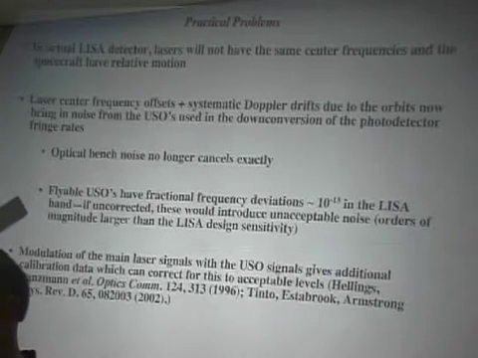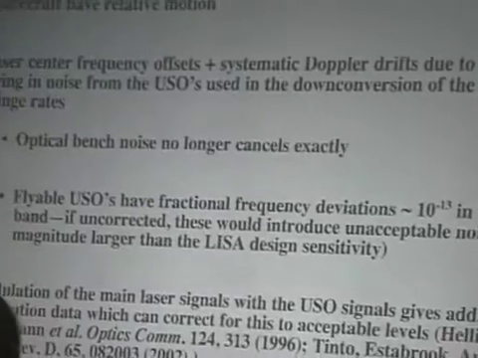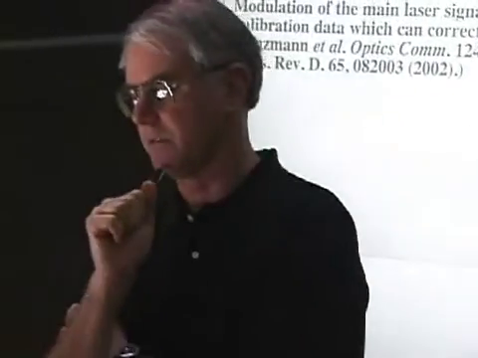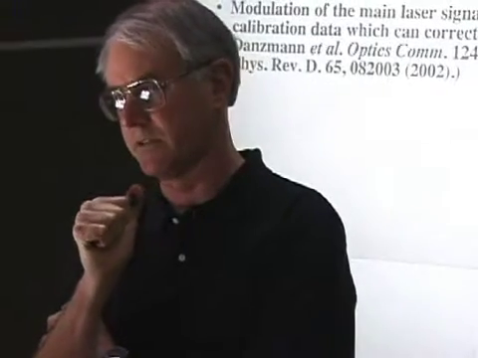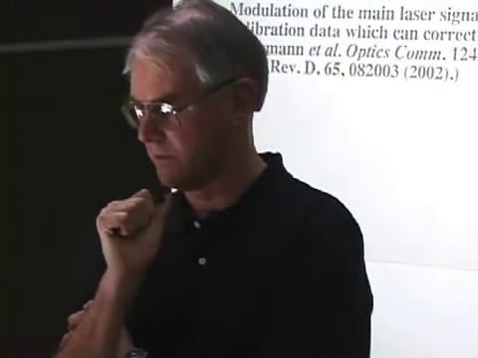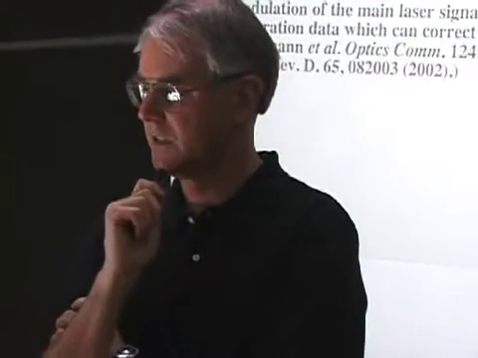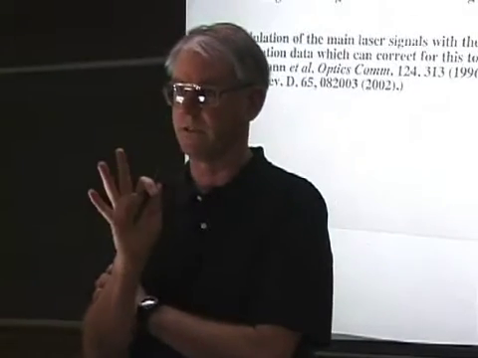I'll show you a plot. And noise from the ultrastable oscillators, which are used to count these fringes, now comes in. Now, the bad news is that ultrastable oscillators are only stable at about maybe 1 part in 10 to the 13 for count times of 1,000 seconds. And so this would introduce unacceptably high noise if you did nothing.